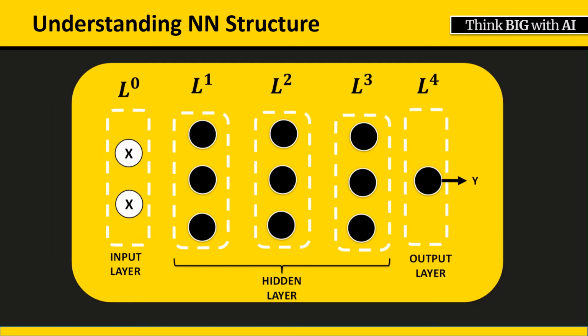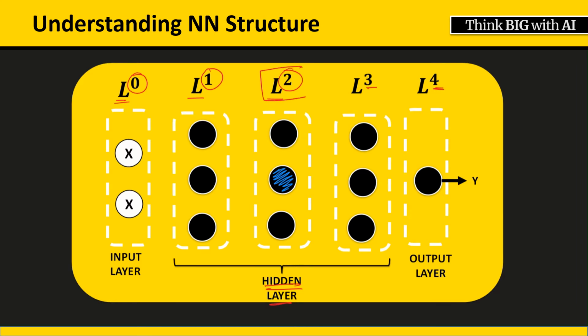Now, let's look at this structure. In this structure, we have three hidden layers. And if we see the representation, this is layer 0, this is layer 1, this is layer 2, and similarly layer 3 and layer 4. So if we want to identify this node, it can be identified by the layer.